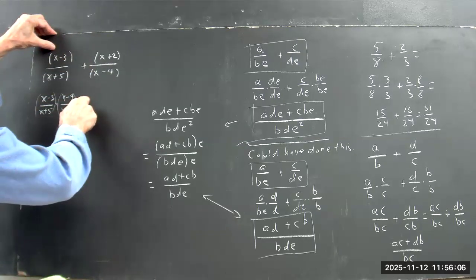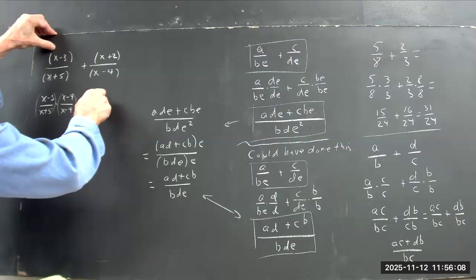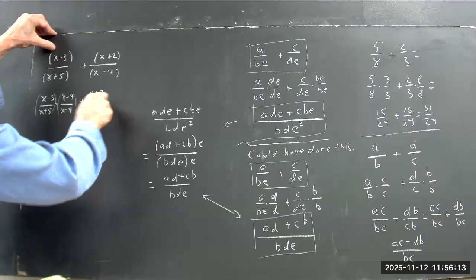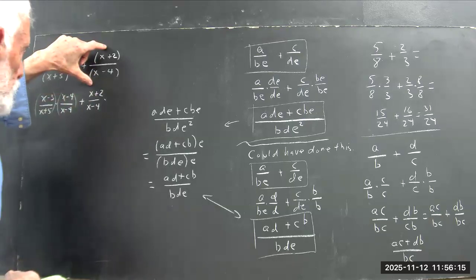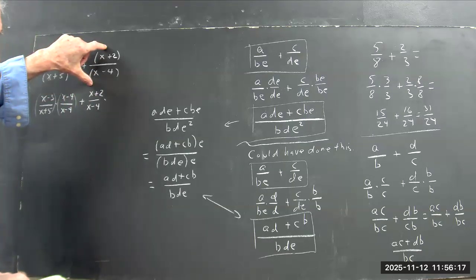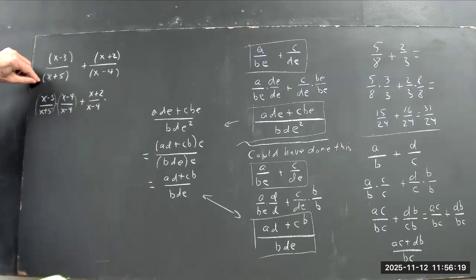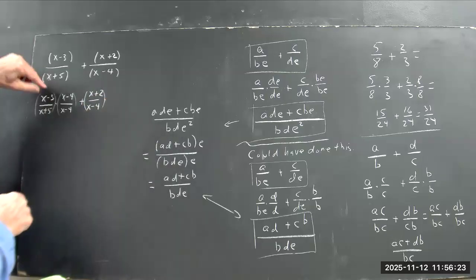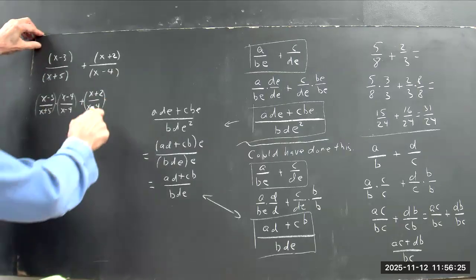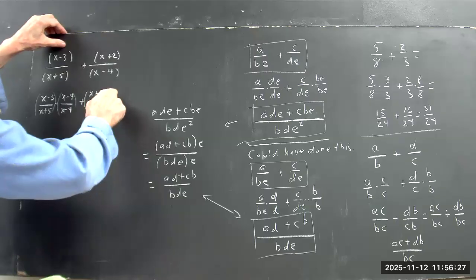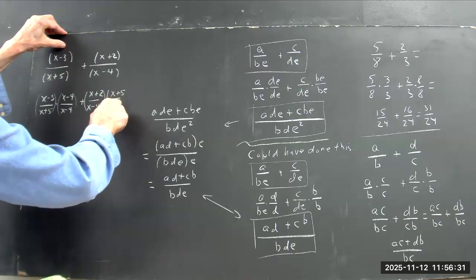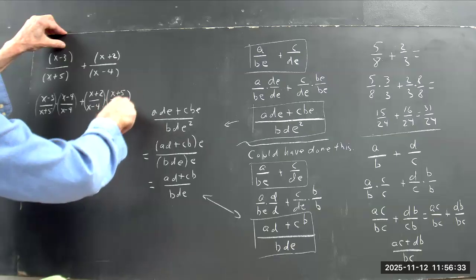And if we do the same thing over here, multiplying x plus 2 over x minus 4 by the first denominator over itself. In other words, first denominator is x plus 5. We're going to multiply the x plus 2 over x minus 4 by x plus 5 over x plus 5.